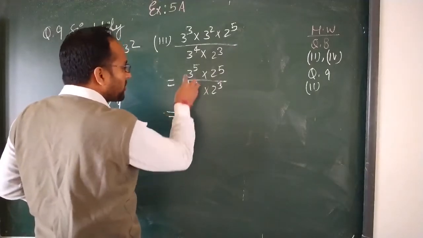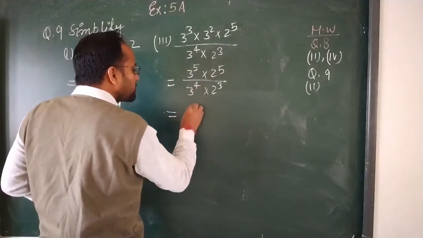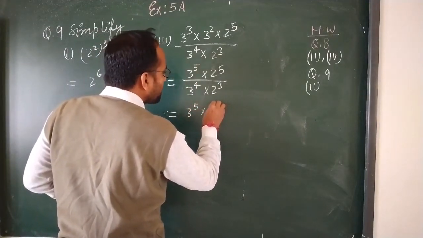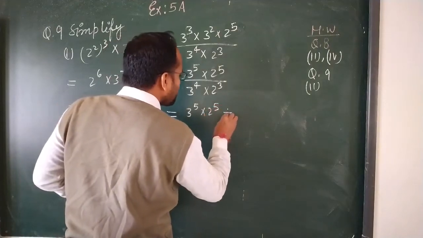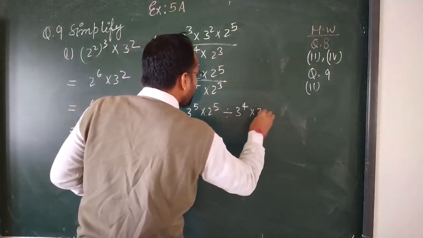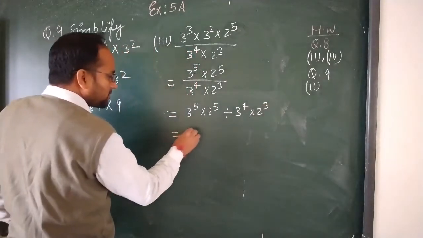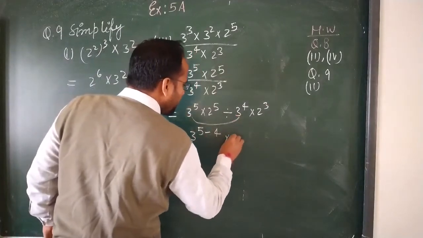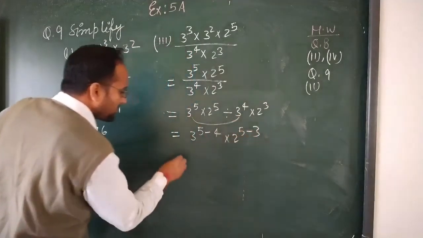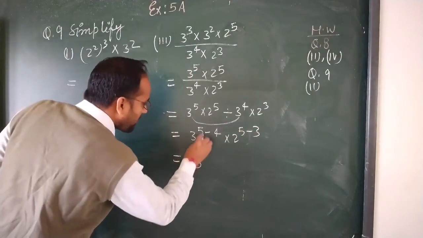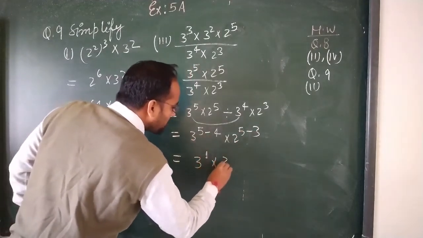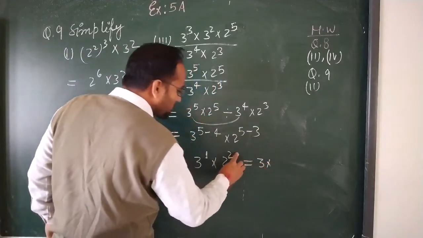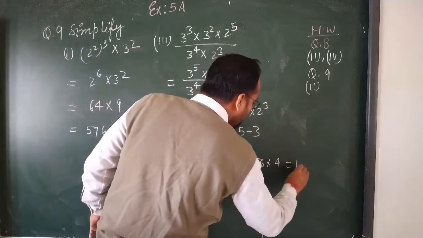If your base is equal, you will subtract this one, and you will write 3 to the power 5 multiplied by 2 to the power 5 divided by 3 to the power 4 multiplied by 2 to the power 3. So 3 to the power 5 minus 4 multiplied by 2 to the power 5 minus 3. So what you will get is 3 to the power 5 minus 4, which is 1, and 2 to the power 5 minus 3, which is 2. So in this case you will get 3, and 2 to the power 2 you will get 4, and 3 4s are 12.